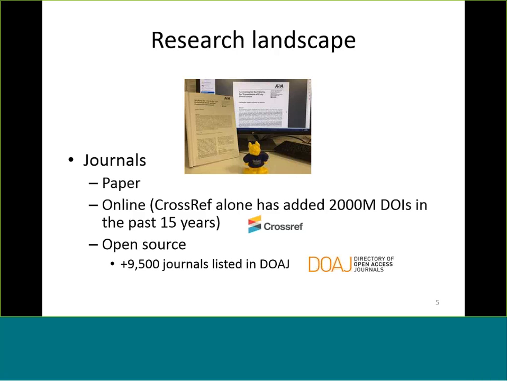A DOI is an alphanumeric string assigned by a registration agency and the article's publisher, not the author. It is a persistent link to its location on the internet, so it's basically its address. Crossref, which I've noted here, is one of the organizations that create DOIs for new papers, and Crossref has added millions in the past 15 years through the publishers.